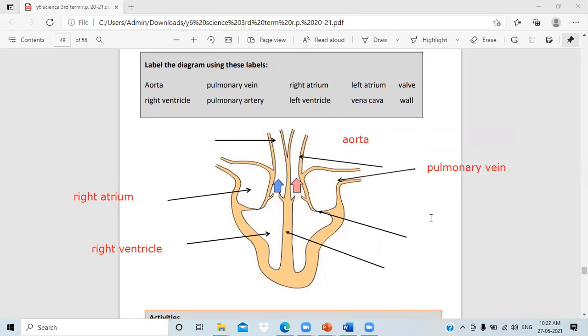So the aorta is this part which gets the blood out of the left side of your heart. So the pulmonary vein is this part which enters the blood into the right side of your heart.